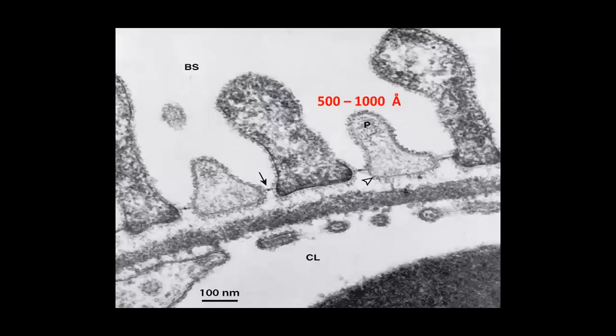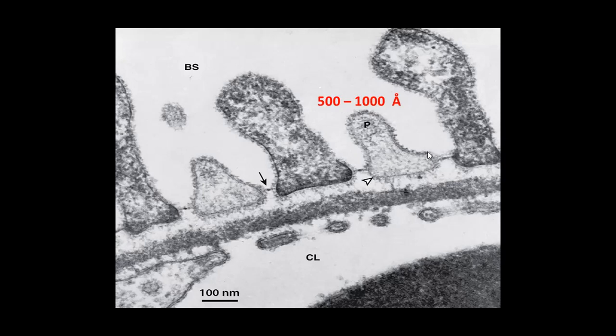So this is another transmission electron microscope picture of this filtration barrier. We can clearly see these are the foot processes, and these are the capillary endothelium fenestrations. Now these slits between the foot processes have a diameter of 500 to 1000 angstrom.